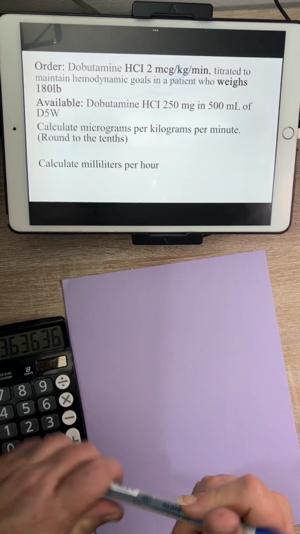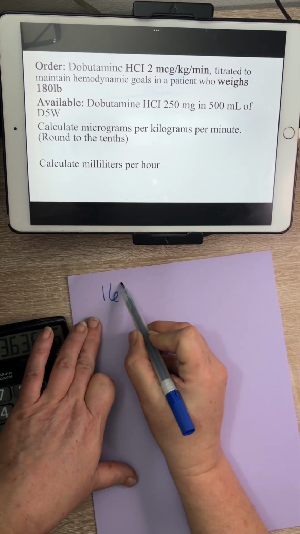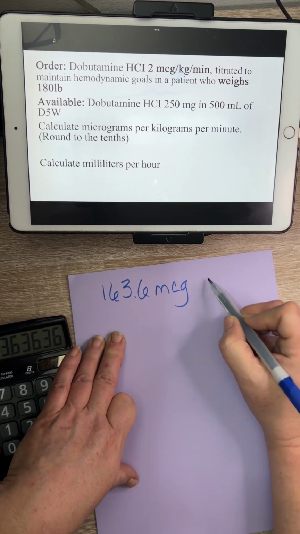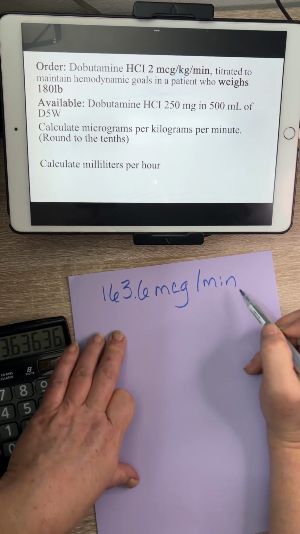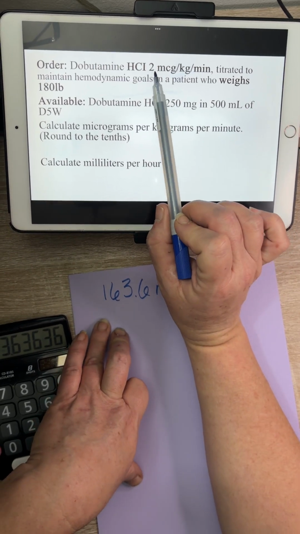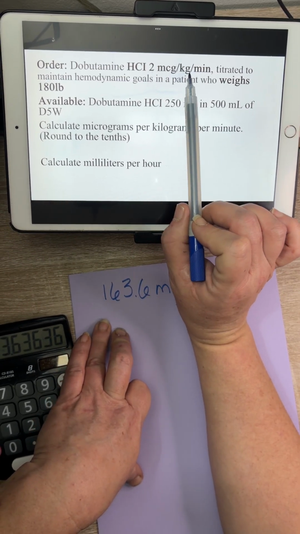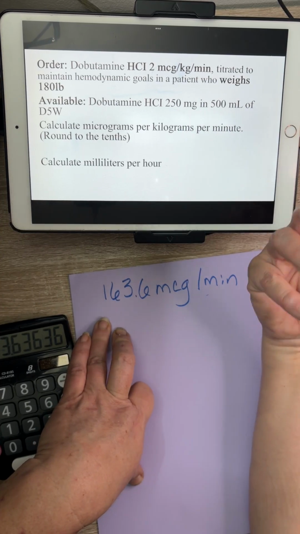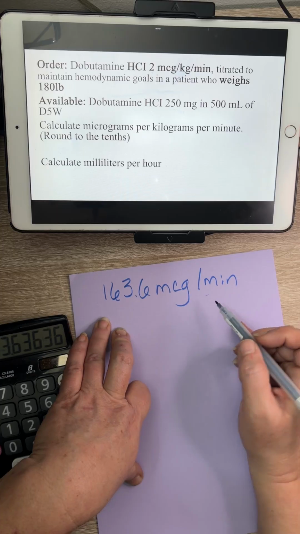And so it is 163.6 micrograms per minute, what Mr. Man wants. Now, I always say he would have done his own calculations, but he got called to surgery. So here we are, doing his math for him again.